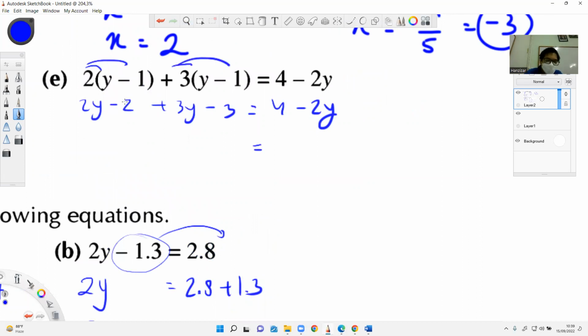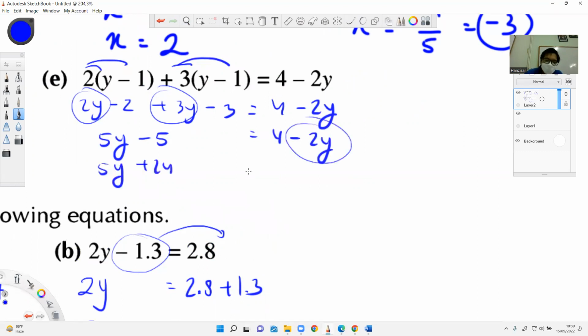Tapi pelan-pelan. 2y plus 3y berapa? 5y, right? Yes. Minus 2 minus 3, minus 5. Udah, tinggal dipindah. 5y plus 2y plus y. Or plus 5. 7y plus 9. And y equals 9 over 7.